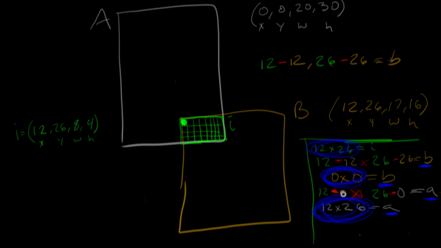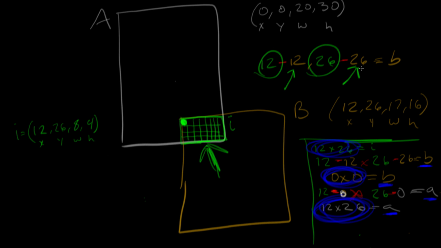Alright, so we're looping through every pixel in the intersecting rectangle. We're looping through every single pixel in this rectangle here. The only thing that's going to change is this and this. We're still going to subtract by the same value.